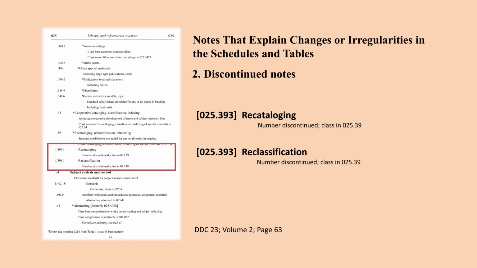So for recataloguing or reclassification, the numbers that are recorded under third bracket, we should not use those numbers, rather we have to find the number elsewhere, generally in the broader area.